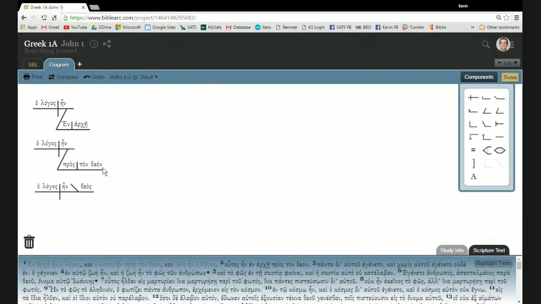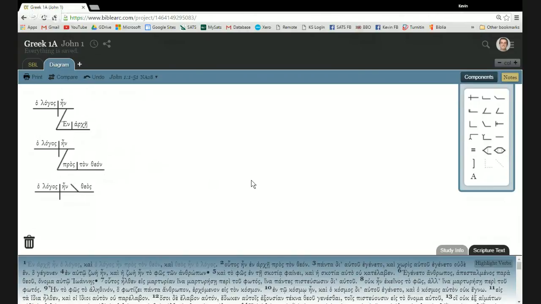Well, pros ton theon is being used to complete the sentence, to complete the thought, and thus is functioning to complete the idea of the verb. So it's functioning a little bit like a predicate. I wouldn't have intended to say it is a predicate, but it is completing the thought of the verb.